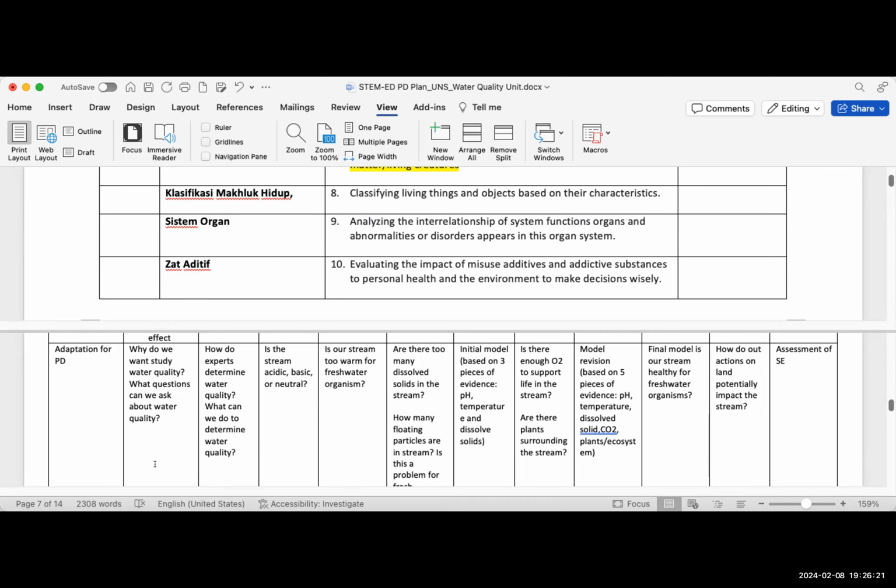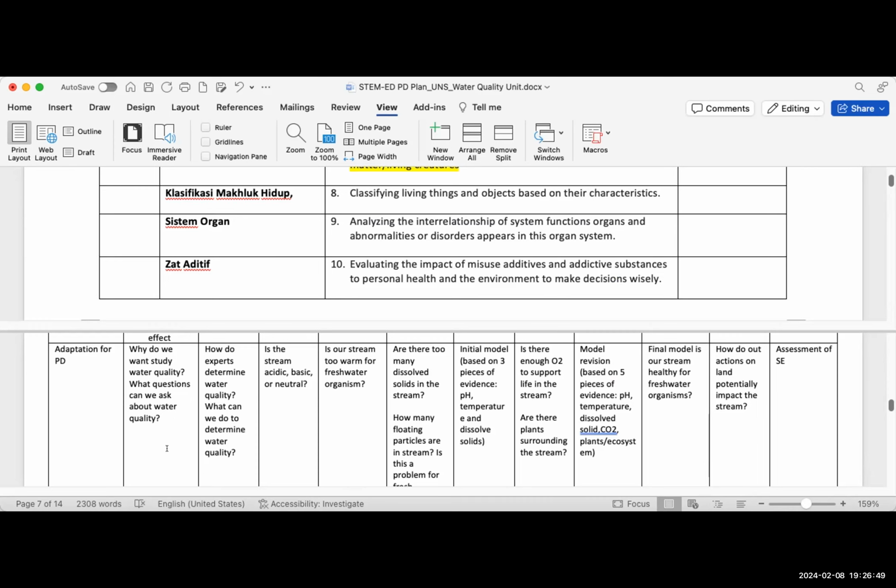So for example, here, as I said before, we want to show them the water polluted by the batik clothes industries, and we are also thinking to show them our drinking water, that many households in Indonesia still use underground water. I think some of the students have the same experience, that we have to buy mineral water every day.